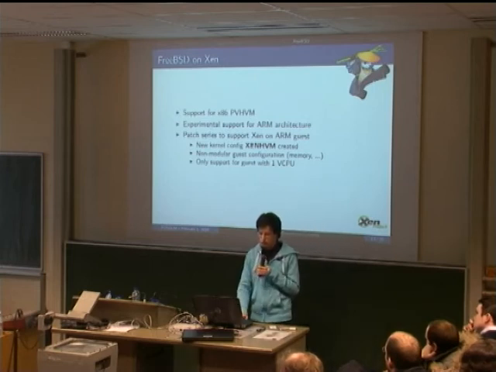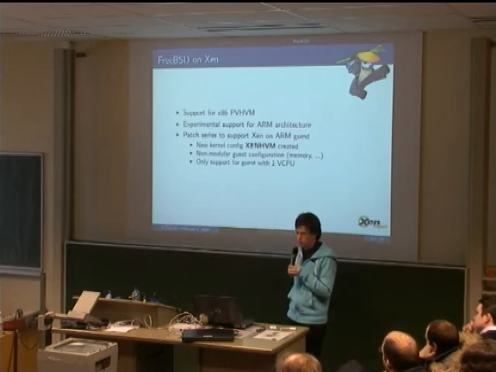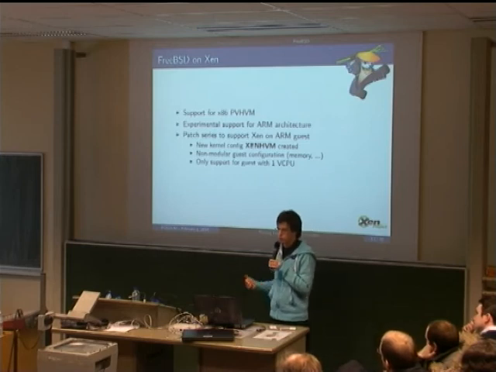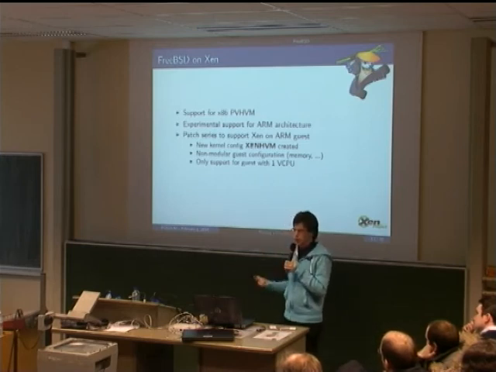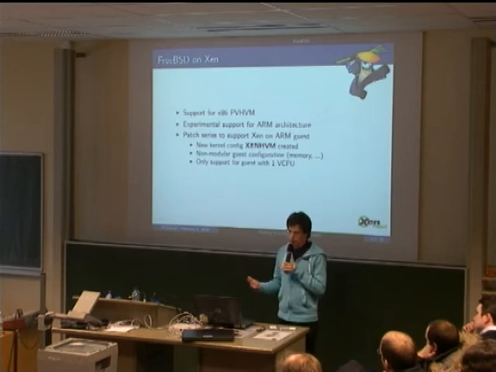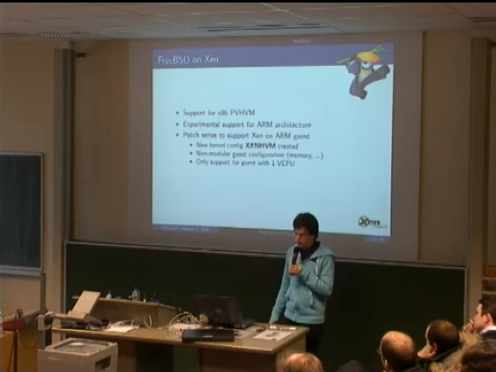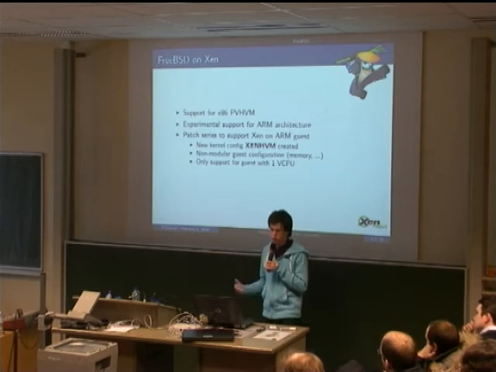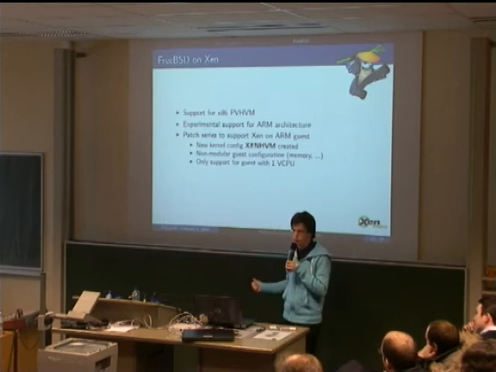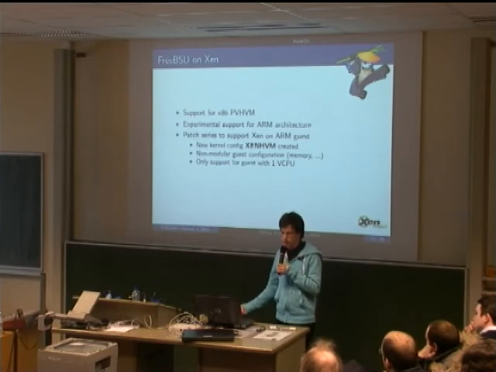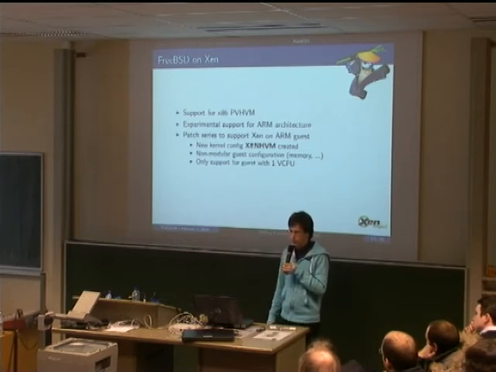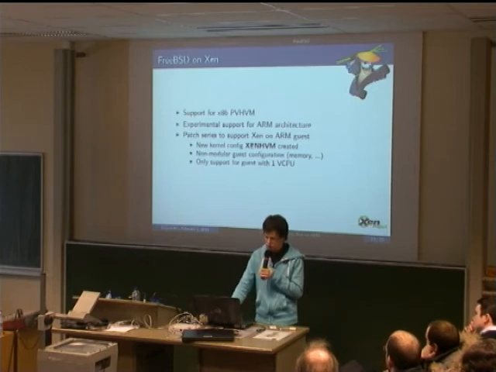Another thing is that the guest configuration is non-modular, so the memory is hard coded. Some interrupts are also hard coded. I will explain a bit later why. There is also only support for guests with 1 vCPU because of some restriction of FreeBSD on ARM. But I think in the next few weeks we can have multiple vCPU support.